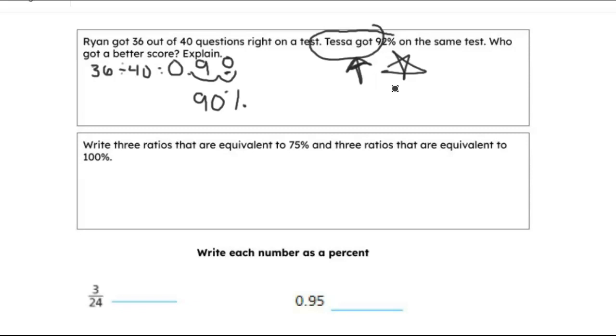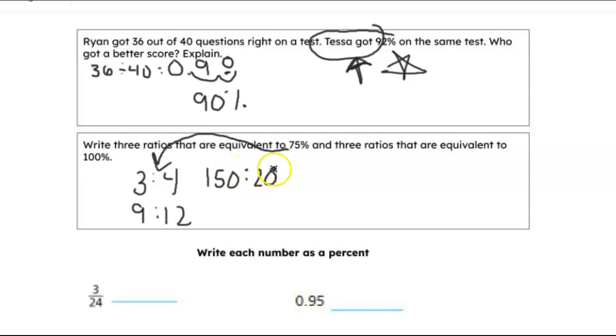So here are some possible ones for 75%. I'm going to do 3 colon 4. I'm going to do 9 colon 12. And my last one, I'm going to do 150 to 200. Now, that doesn't mean that's all of them. That's just some of the possibilities.